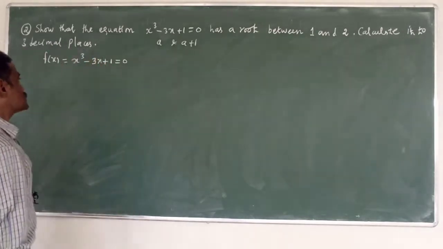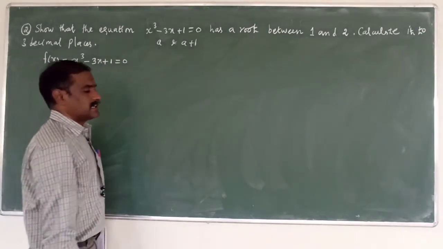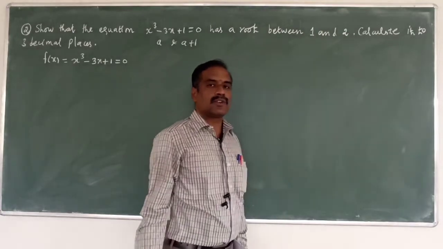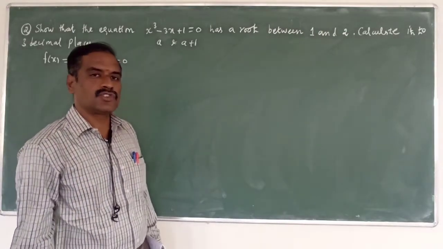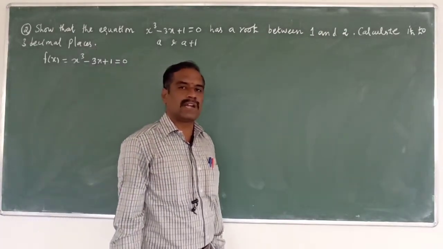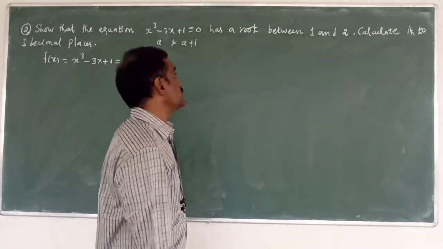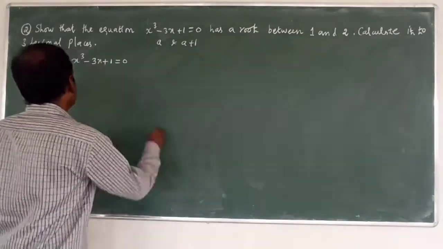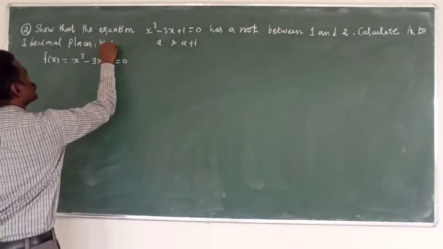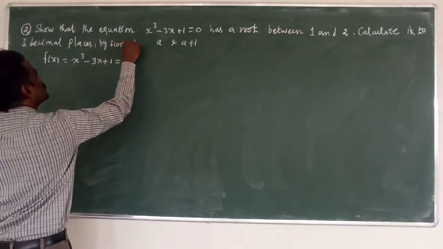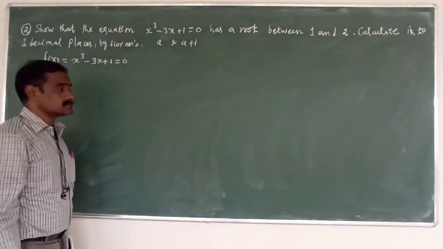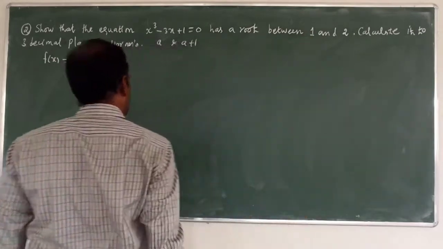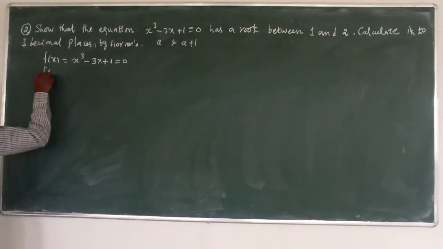Now first, the question itself gives 1 and 2. The root lies between 1 and 2, one positive value and one negative value. By using Horner's method, we have to find out the sum. First substitute f of 1, x value 1.